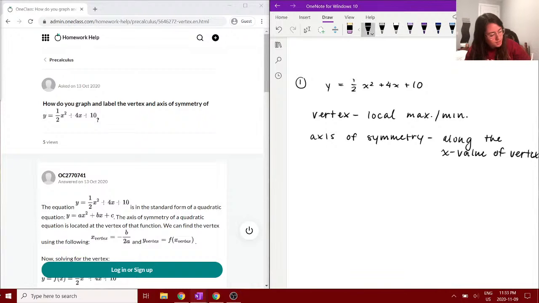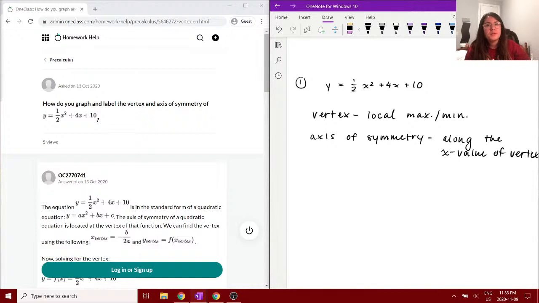If we had a curve like this, and this is the vertex at the top, this line down the middle here, along the x value, I guess I should say not along, but vertical to the x value, perpendicular to the x-axis. That is the axis of symmetry. So as you can see, the curve will reflect the same image on both sides of the axis.